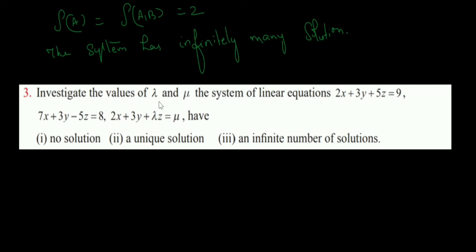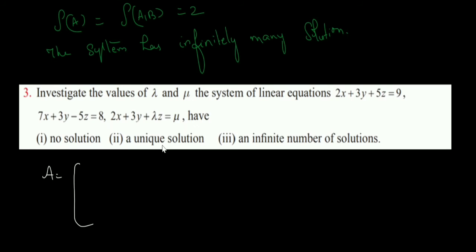Investigate the values of lambda and mu for the equations 2x plus 3y plus 5z equal to 9, 7x plus 3y minus 5z equal to 8, 2x plus 3y plus lambda z is equal to mu, to have no solution, unique solution, infinite number of solutions. So as usual, like the previous sum, let us first write the matrix A, B. What is matrix A?